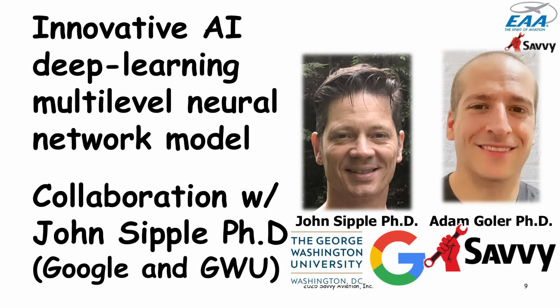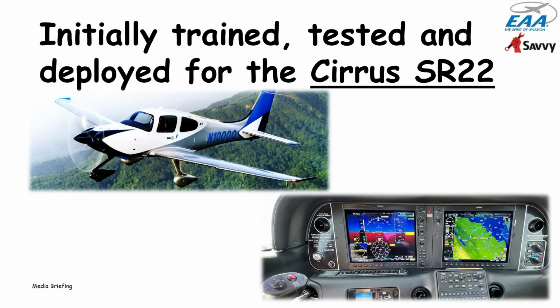Initially, we decided to use the Cirrus SR-22 as our initial test bed to train the model on, and we picked the SR-22 for two reasons. One is that we have a lot of SR-22 flights in our database, probably hundreds of thousands of SR-22 flights. And also the SR-22 is unusually well instrumented.